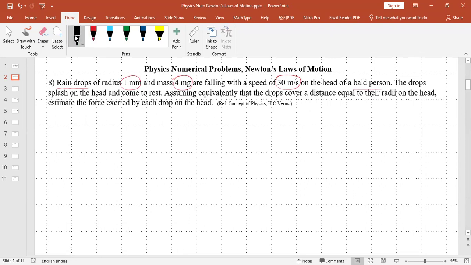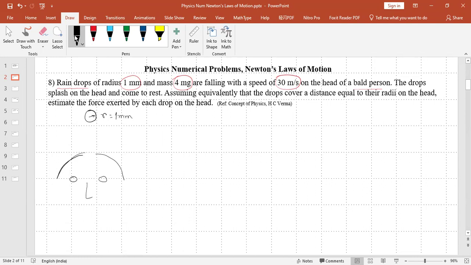Let us consider this is the bald person's head. And raindrops are falling on him. And each raindrop has radius r of 1 mm.